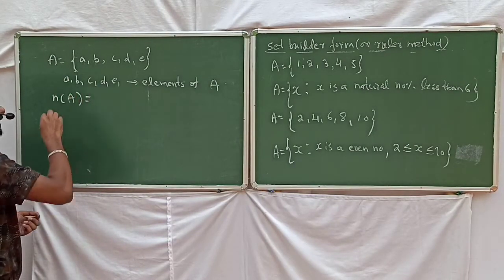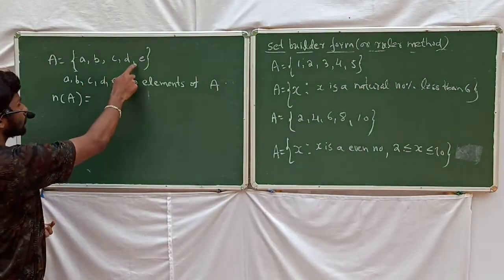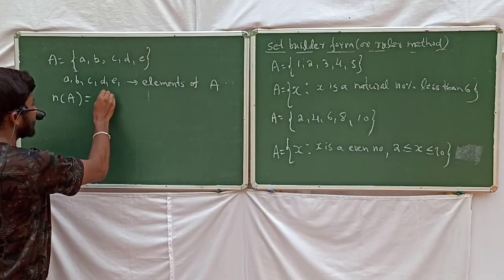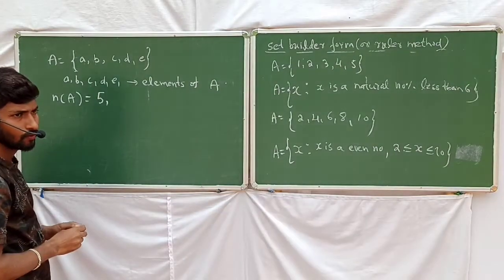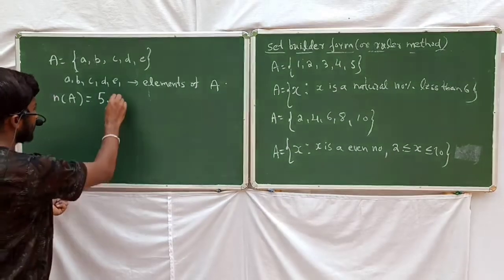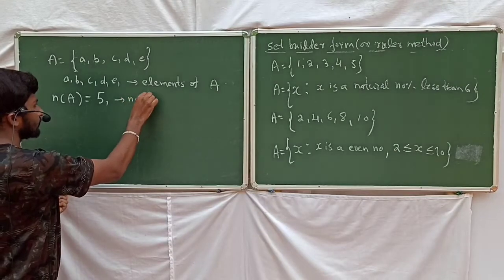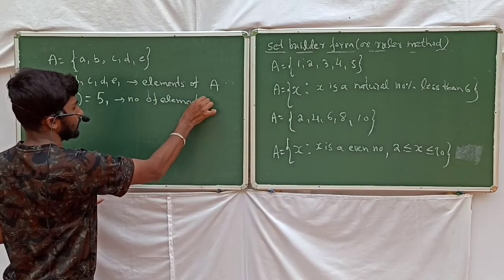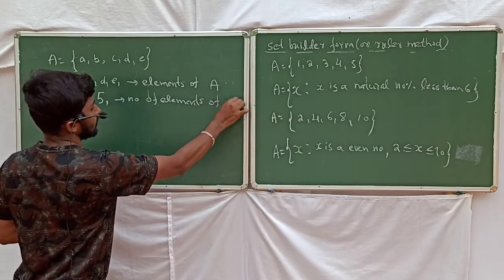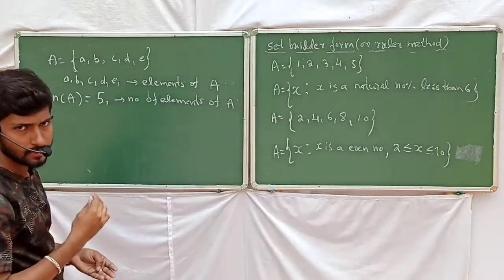How many elements are here? 1, 2, 3, 4, 5. In this set 5 elements are there. Therefore n of A is equal to 5. It's nothing but number of elements of the set A. Take one more example.